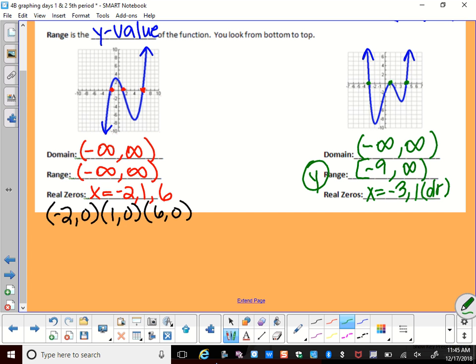It looks like it's just 1 time, but it's really 2. You could also just write 1 twice if you want. You don't have to write double root, but you have to show that you at least know that it's there twice. And then 4. So you could write this out if you like to do your coordinates: (negative 3, 0), (1, 0), (1, 0), (4, 0). That 1 was a double root.